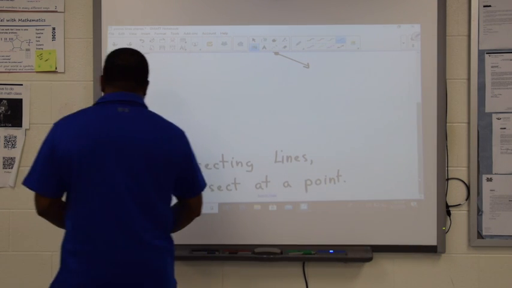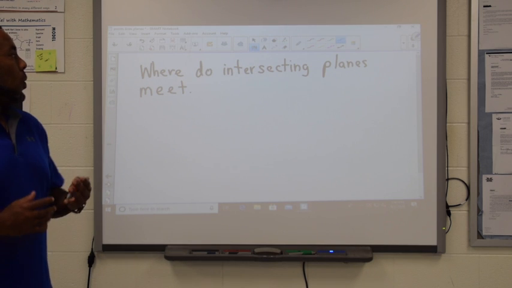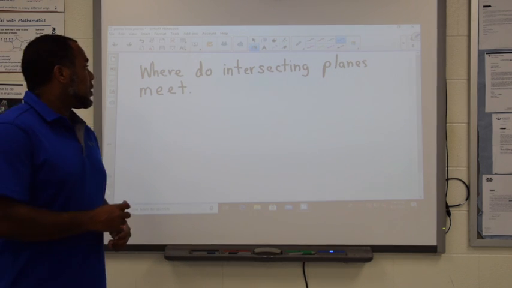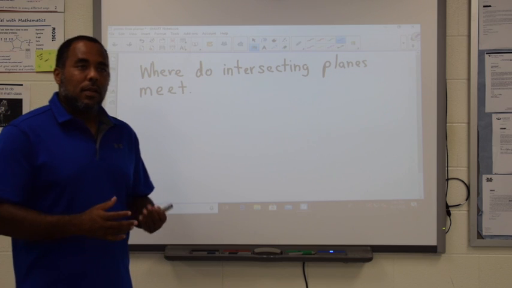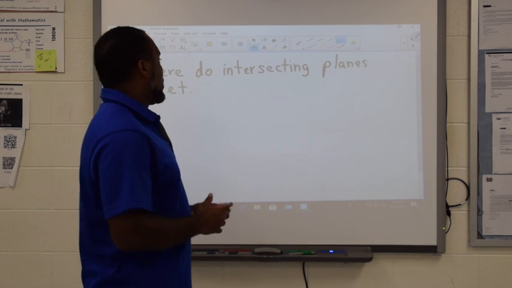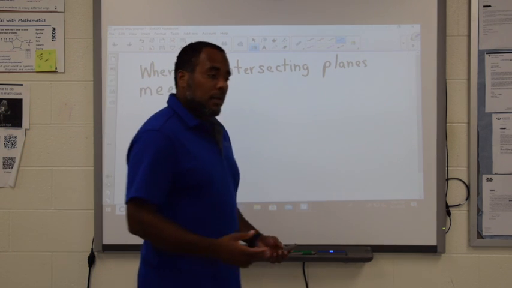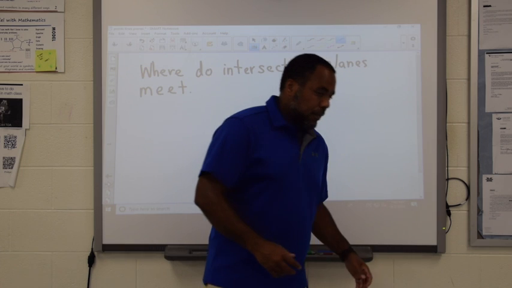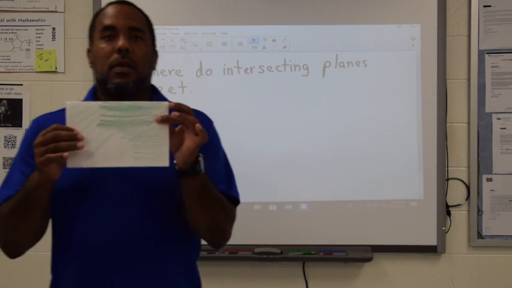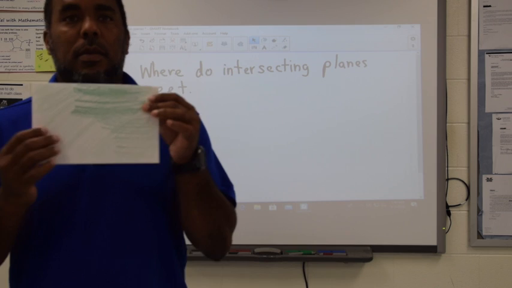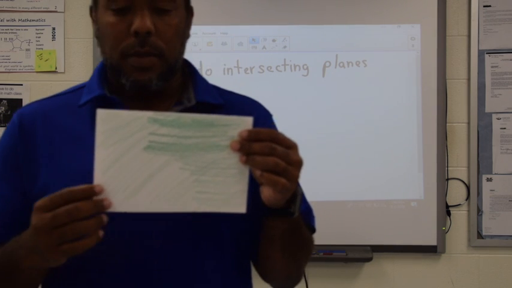That brings you to the question of what happens when you have two planes that intersect. What does that look like? Where do intersecting planes meet? That's always a pretty good question. So here, I have a nice little green plane, I suppose.